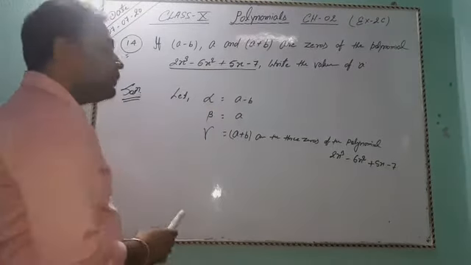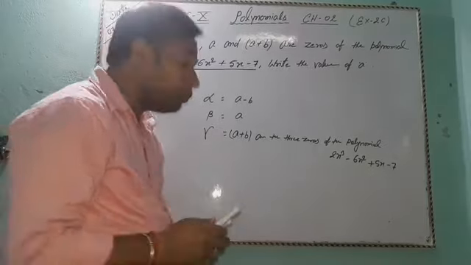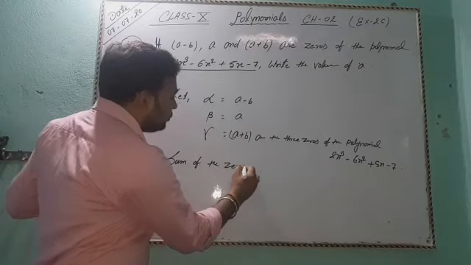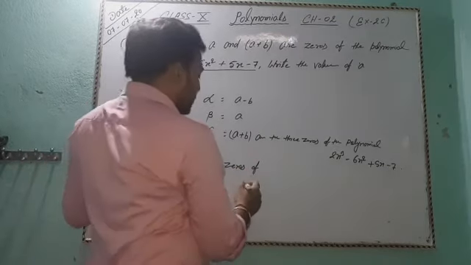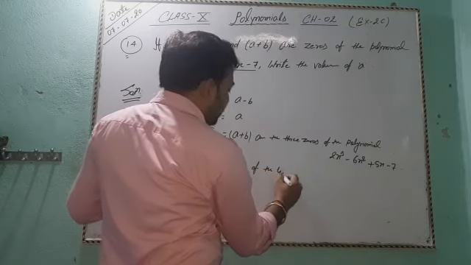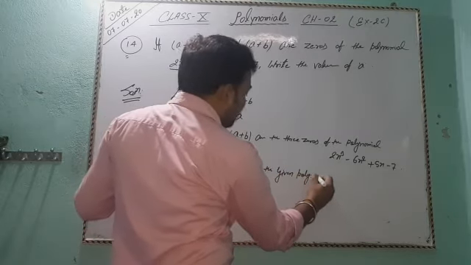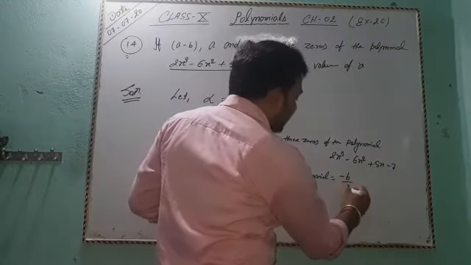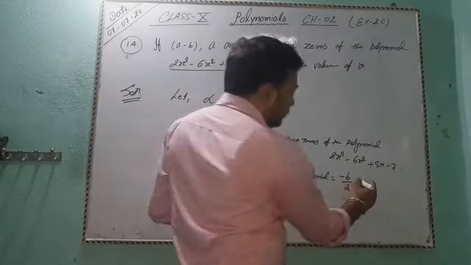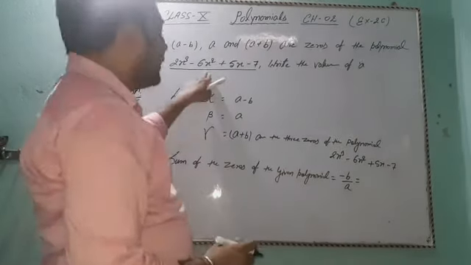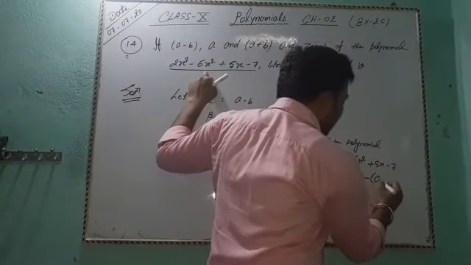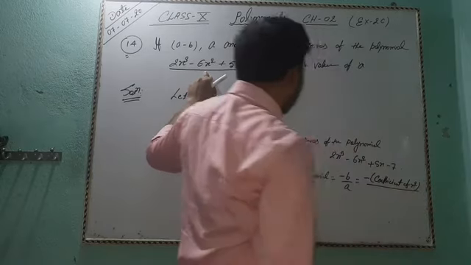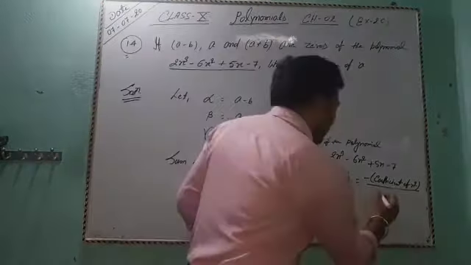So, students, we know that the sum of the zeros of the given cubic polynomial is equal to minus b by a, where b is the coefficient of x square and a is the coefficient of x cube.